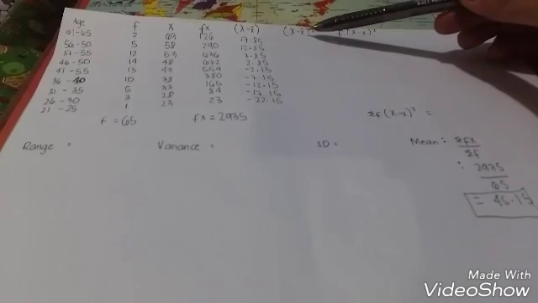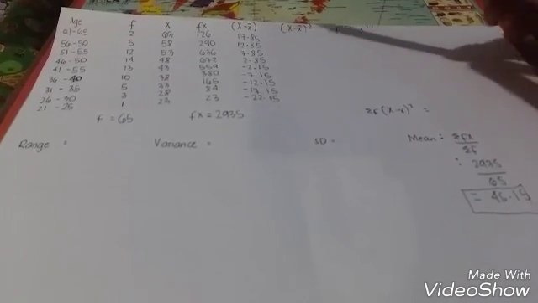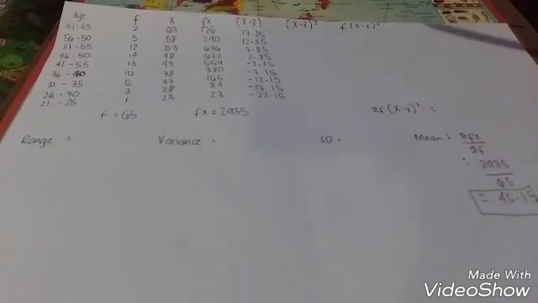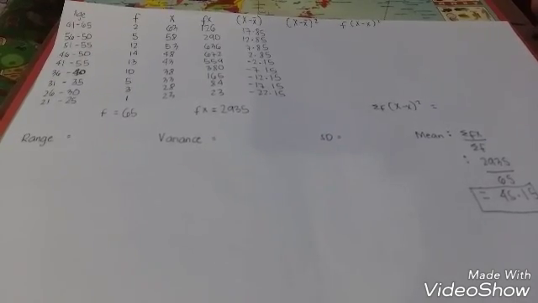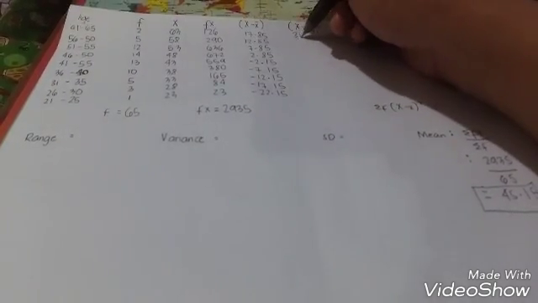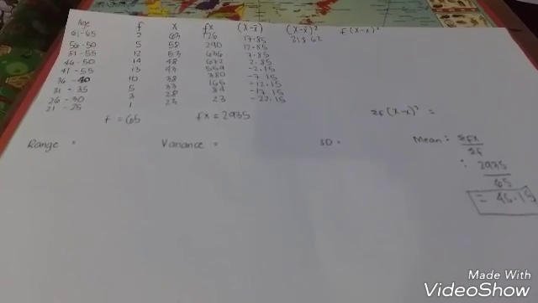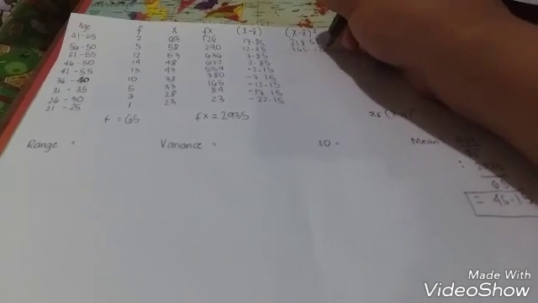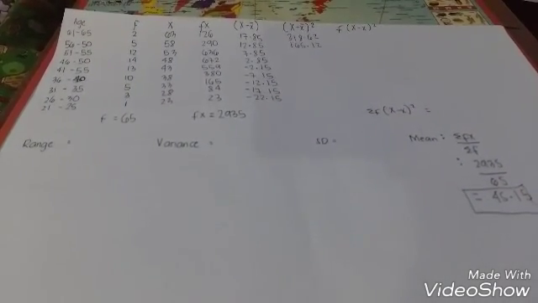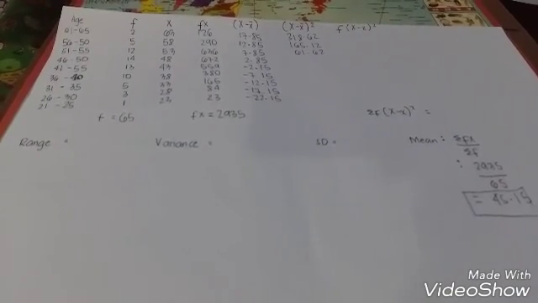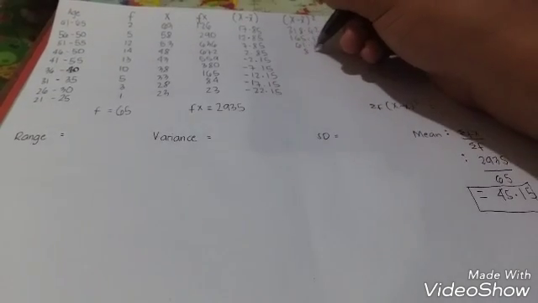So in getting the class mark minus mean column squared, you'll just square each of these numbers. So 17.85 squared is 318.62. 12.85 squared is 165.12. 7.85 squared is 61.62. 2.85 squared is 8.12.